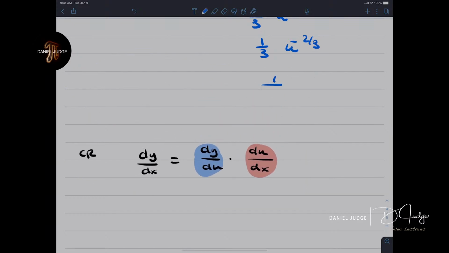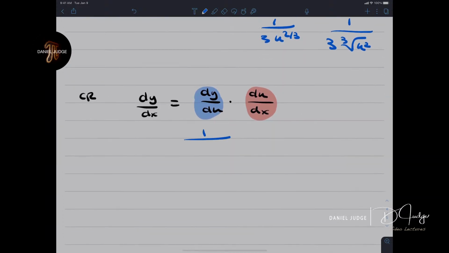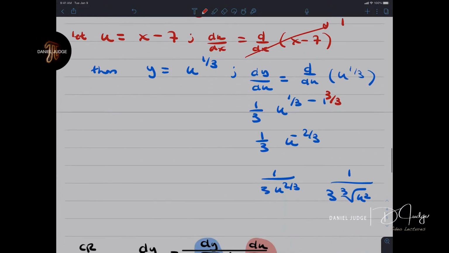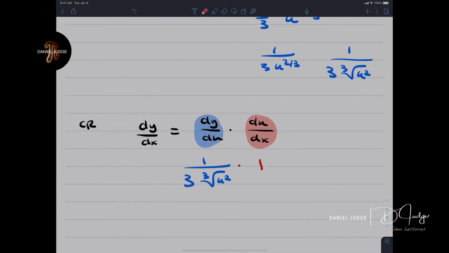Or we say 1 over 3u to the positive 2/3, which is 1 over 3 cube root of u squared. Du dx is d dx x minus 7, and this derivative is 1. So this is times 1, du dx.